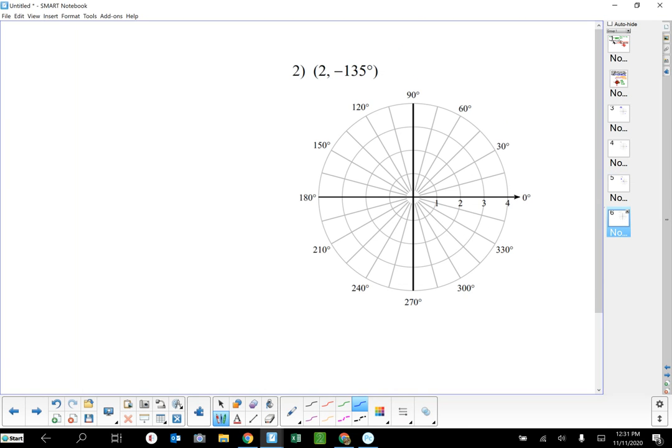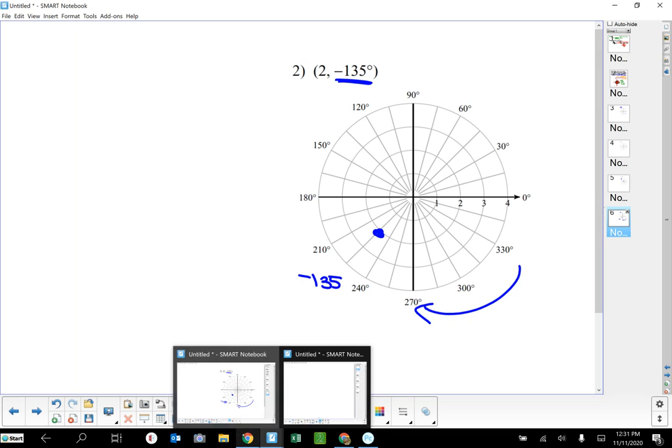Here, I'm going to go to negative 135. Remember, you're going this way. That's going to be out here and up to 2. All right, and that's all you have to do for these. So we're just going to plot some points. Toodaloo for now.